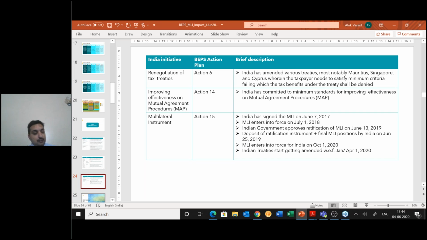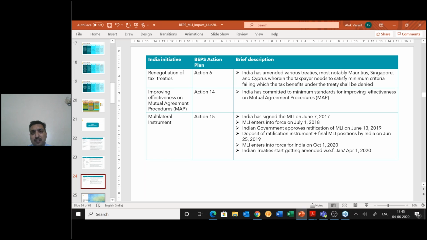So apart from that, India has already renegotiated its treaties with Mauritius, Singapore, Cyprus. India has had a new treaty with China as well. And obviously, India has signed a multilateral instrument, and this has already come into force and also come into effect, as I mentioned, with close to 28 countries.